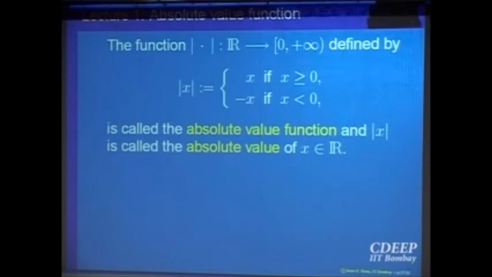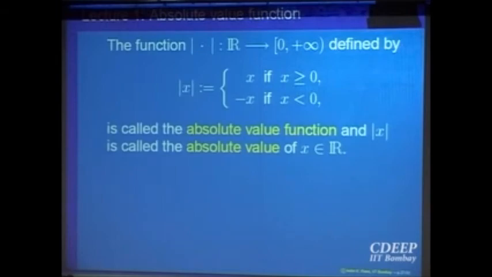So absolute value function, it is a function defined on the set of all real numbers. So domain is the set of all real numbers, and the codomain is the set of all... what are these numbers? Non-negative numbers. 0 is included. They are all non-negative numbers. So how is it defined?